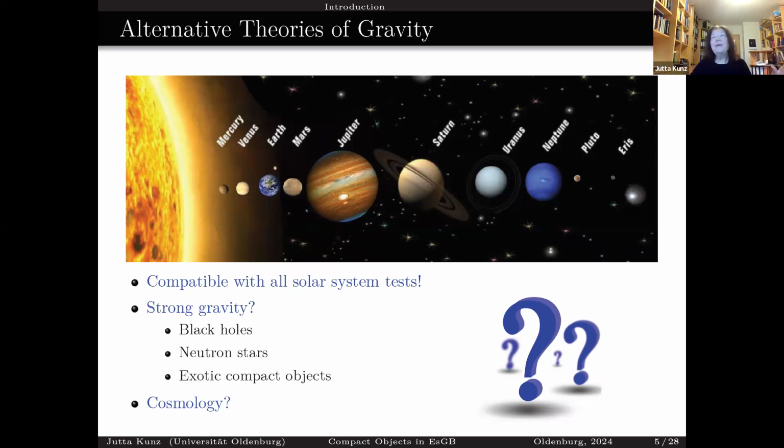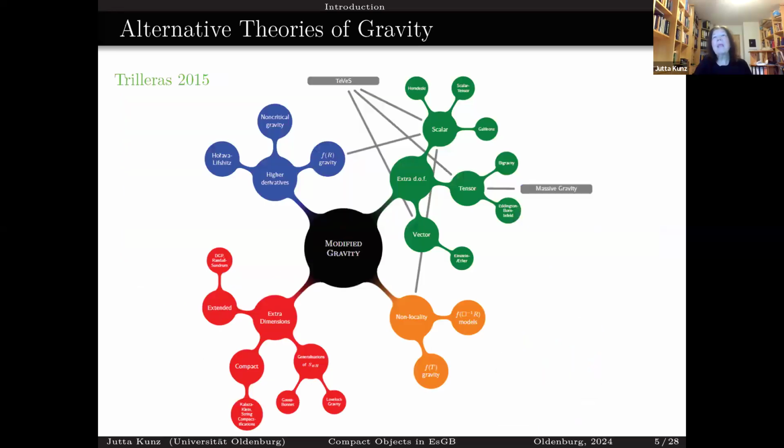We know things very well, and no theory is going to survive that does not reproduce the solar system. But in the strong gravity regime, we have all these new observations and coming up observations, which are going to help us to constrain those theories and maybe rule them out.